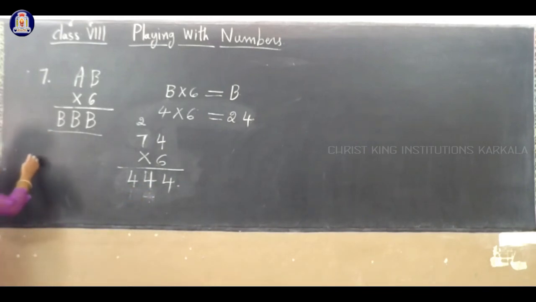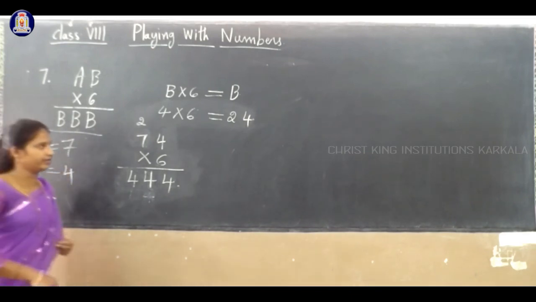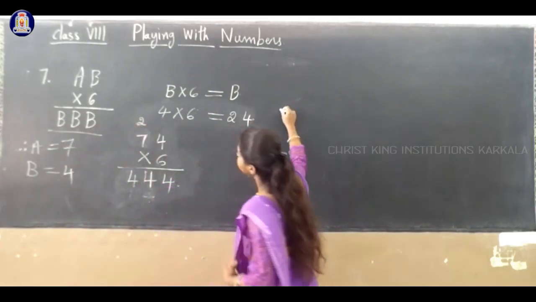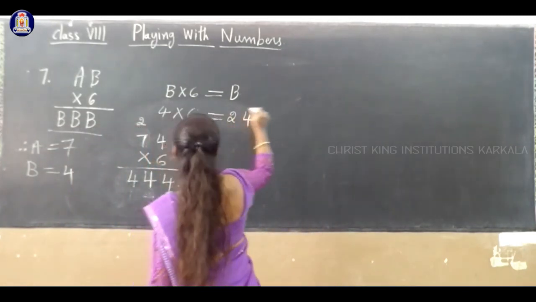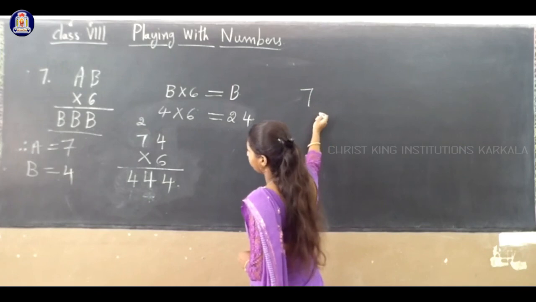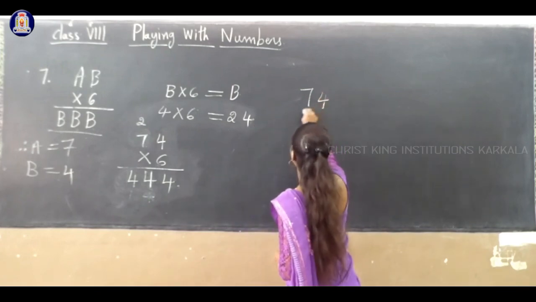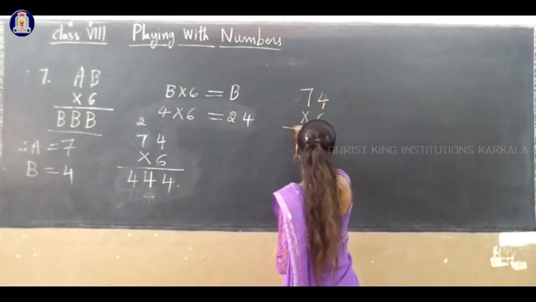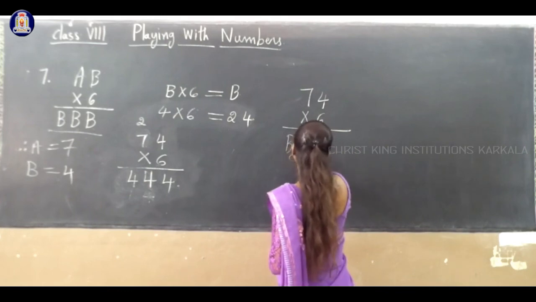Correct? So the value of A is 7 and B value is 4. Here B is 4 and A is 7. If you want, you can verify like this: AB into 6. A we considered 7 and B is 4, 4 into 6 should get answer BB.